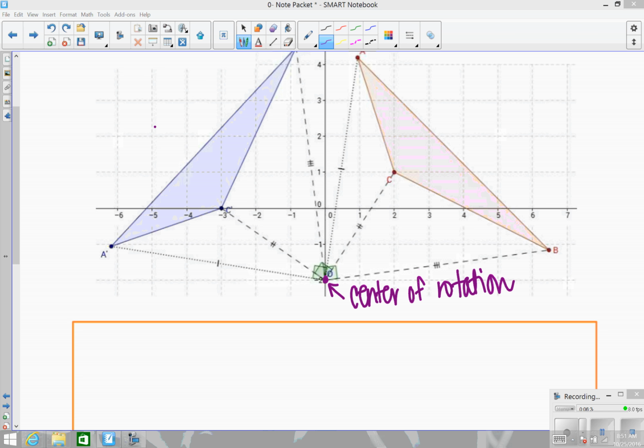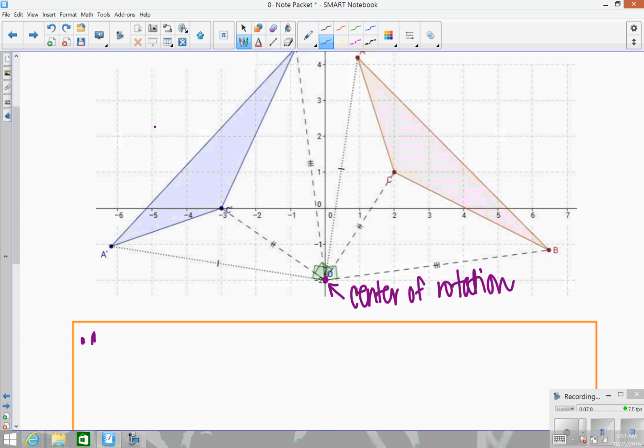However, if you look, let's compare A to A prime. See how the center of rotation is the same distance away from those? The center of rotation from B to B prime. So B, I have 3 slashes. B prime, I have 3 slashes. It's the same distance away. Same thing for C and C prime, same distance. So I do want to add that as a property.